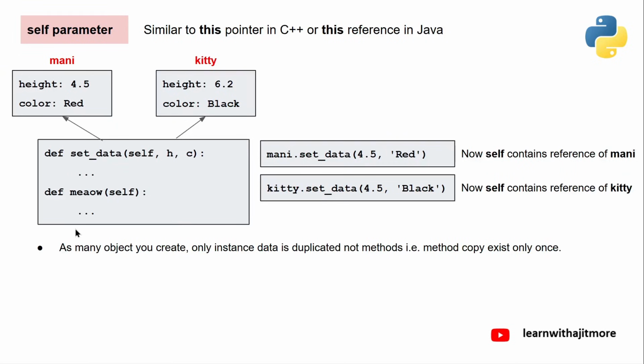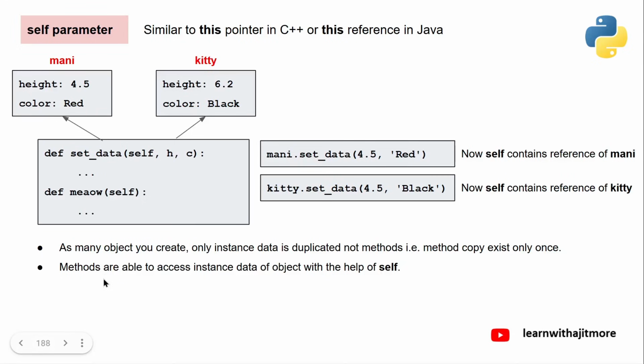So as many objects as you create, only instance data is duplicated, not the methods. The method copy exists once in the class space, but the method knows which memory to access because of self. Methods are able to access the instance data of an object with the help of self. So set_data knows whether to access this memory or that memory with the help of self.